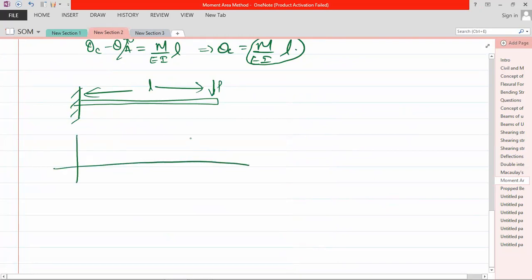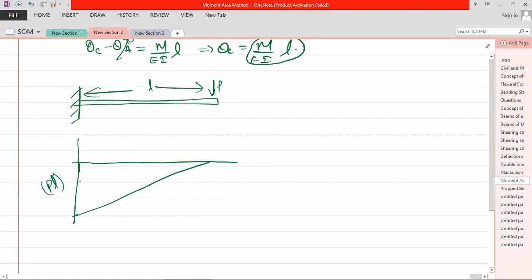You can easily say this is hogging, so it will be in the negative y-axis, and your maximum bending moment is PL.